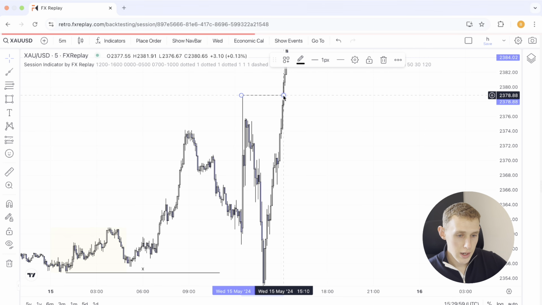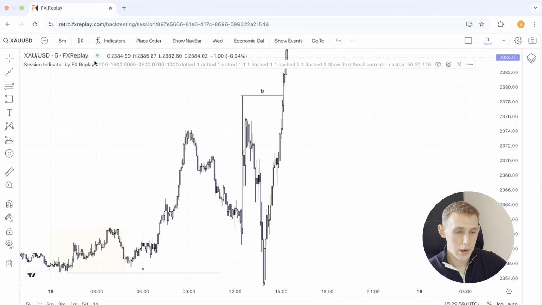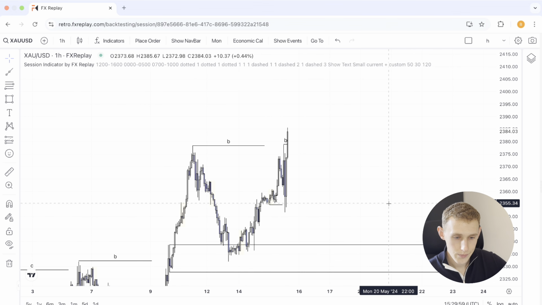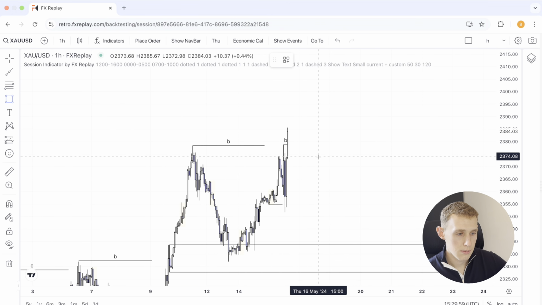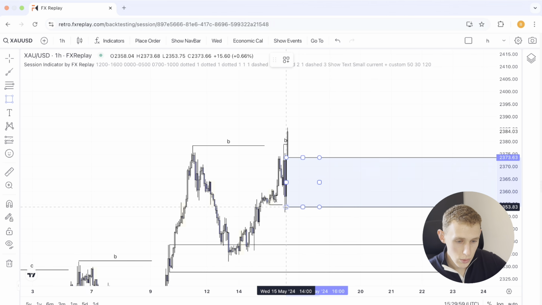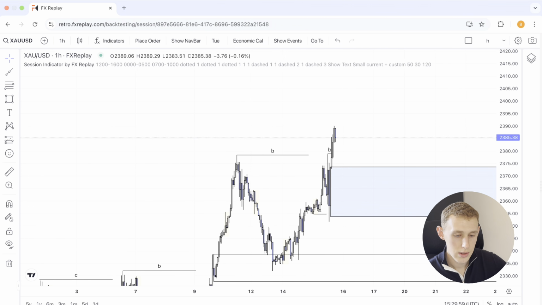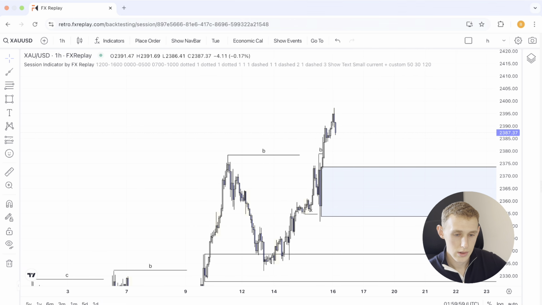We've now had another break of structure, so we're just simply looking to follow this again back up to that external liquidity. Maybe if we can see a pullback into this hourly demand zone that price has just created. Let's see how it goes from here.